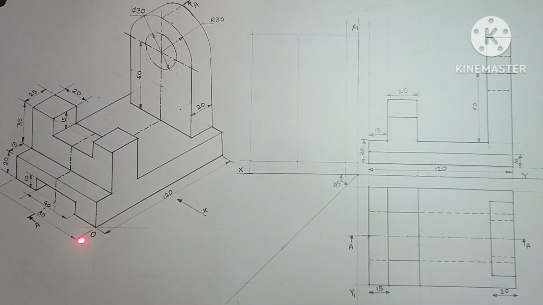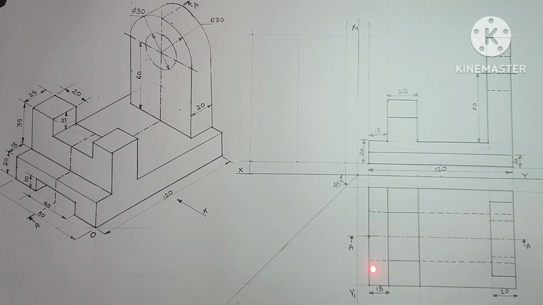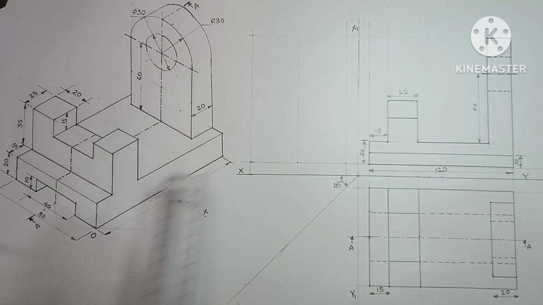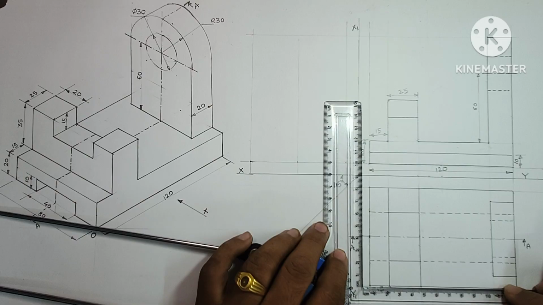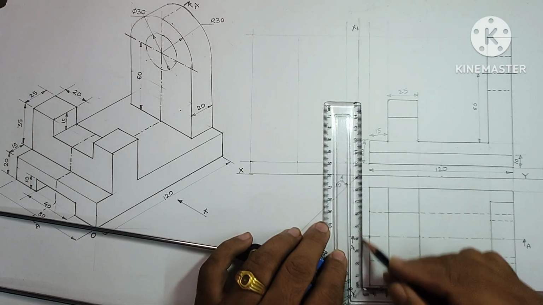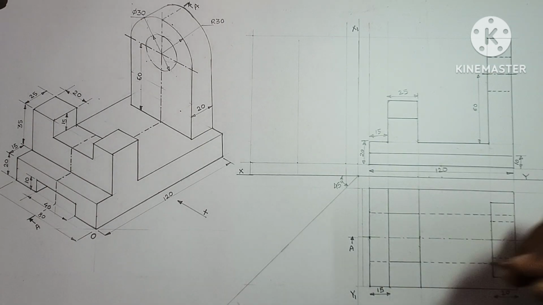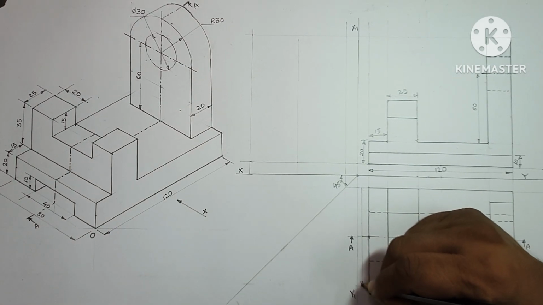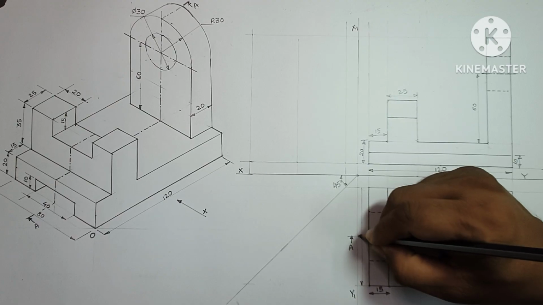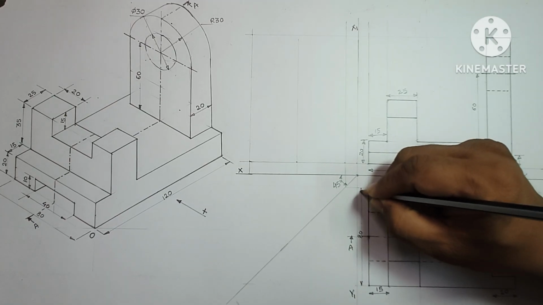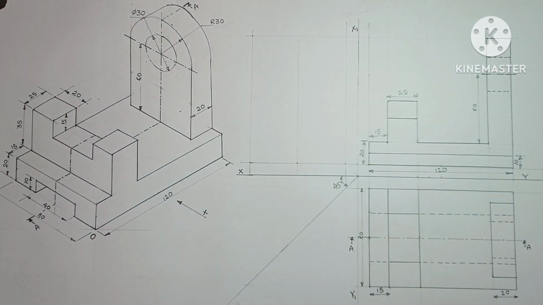I want to show that from this point to this point the dimension is 80 in the top view. I will mention the dimension first so that there will not be any confusion. This is 80 millimeter. Okay.